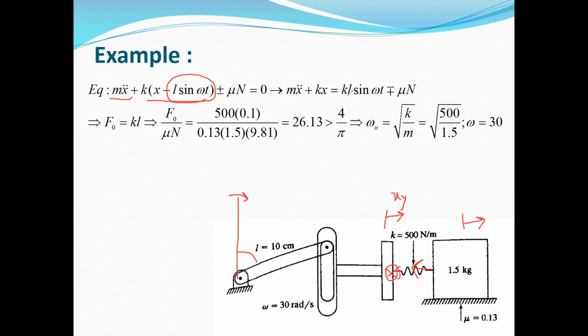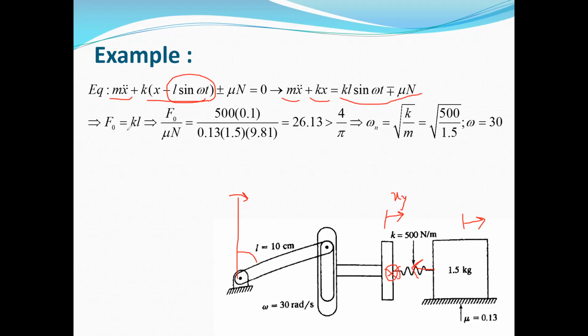Now we can write the equation of motion in the standard form: m x double dot plus k x is equal to the non-homogeneous term, which is plus or minus mu N plus k L sine omega t. Now we can check the conditions of the approximate solution.